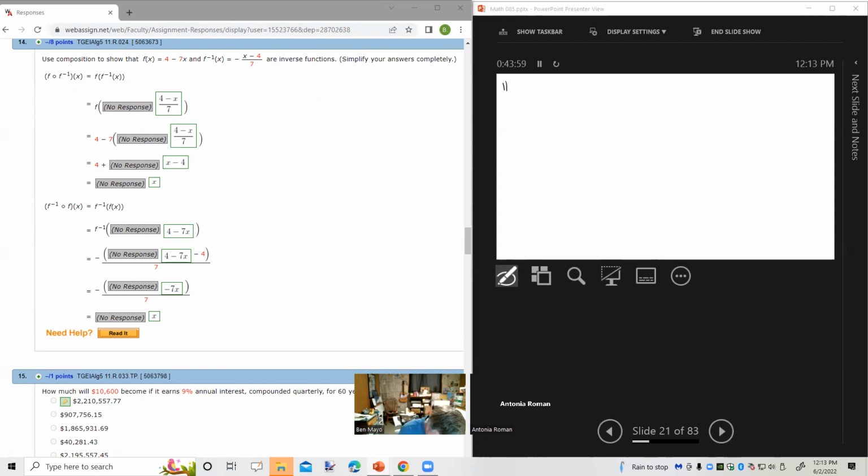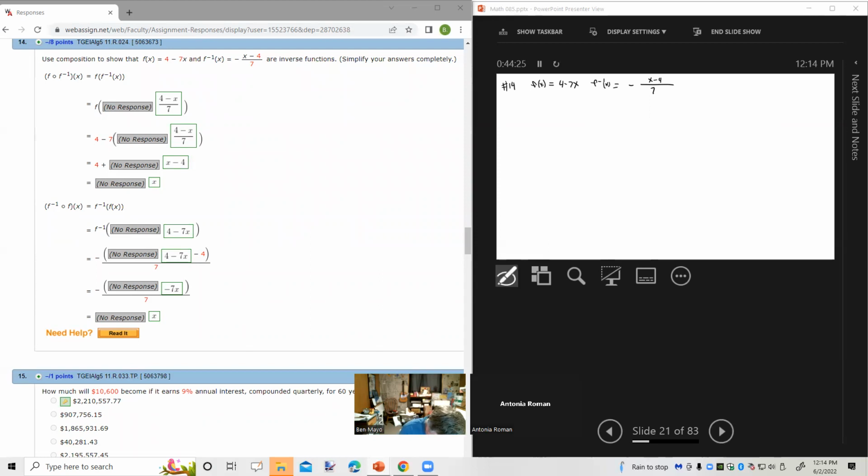So what is this, number 14? We've got f of x equals 4 minus 7x. F inverse of x equals negative the quantity x minus 4 over 7. And we want to show that the composition in both directions is true.